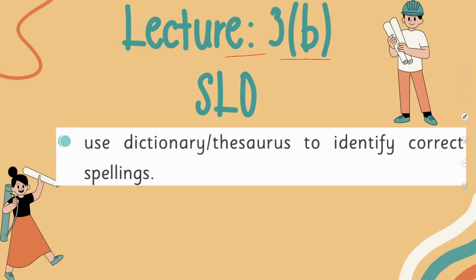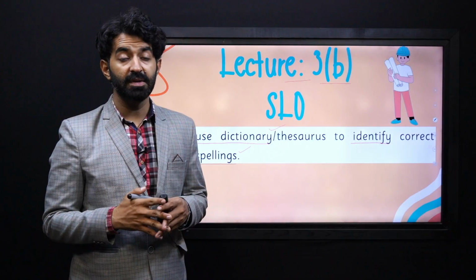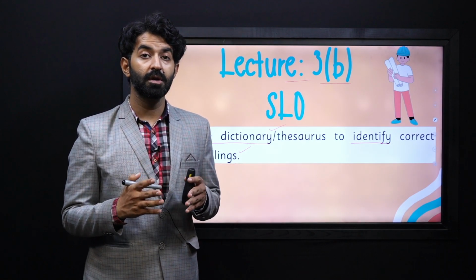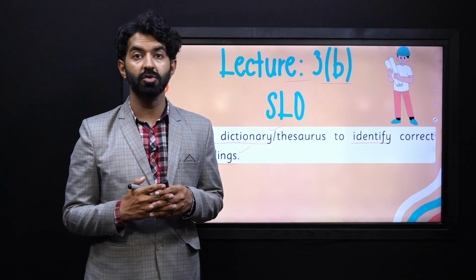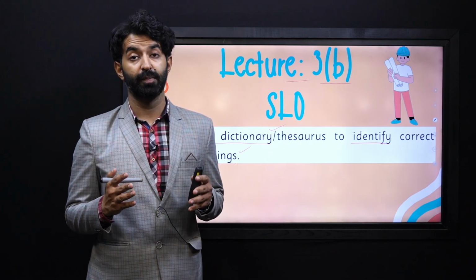Now, lecture number 3's other part is part B. For lecture 3B, our students' learning outcome will be to use a dictionary or thesaurus to identify correct spellings. So, this SLO is about using reference materials like a dictionary or thesaurus to learn the correct spelling.